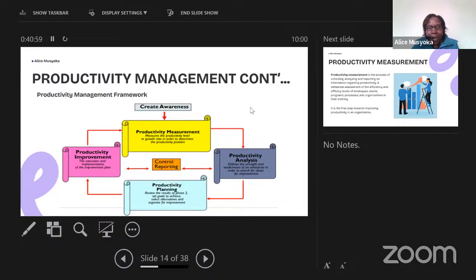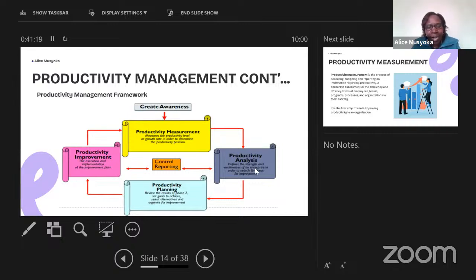People need to change their mindset, they need to understand. And for them to change the mindset, they need information, they need awareness. So you start by creating awareness, then you come to productivity measurement, where you establish the baseline.